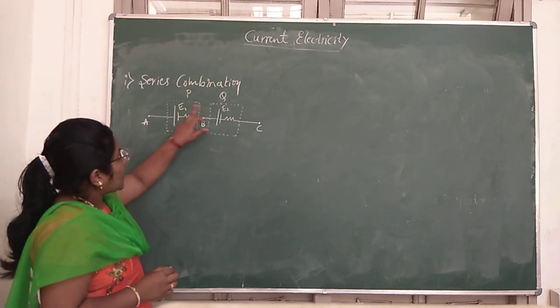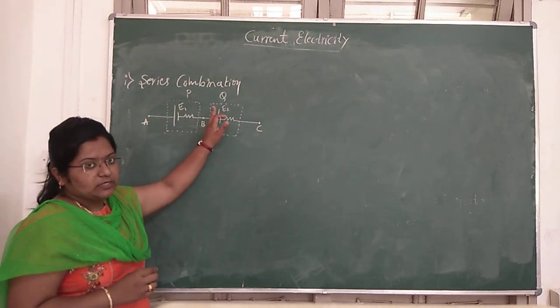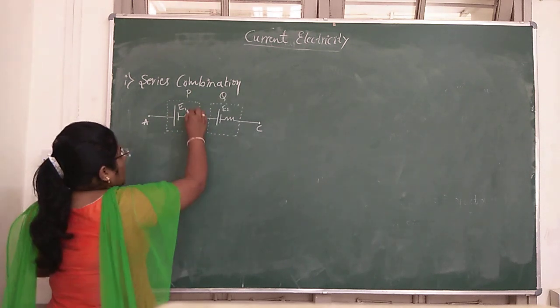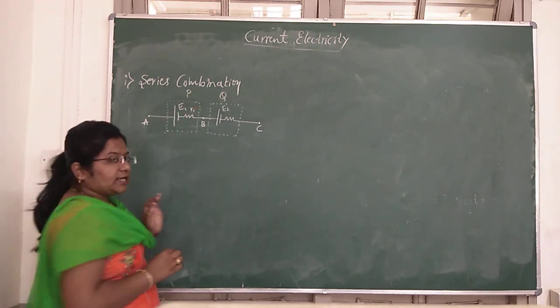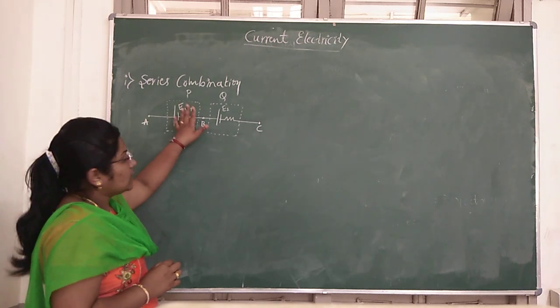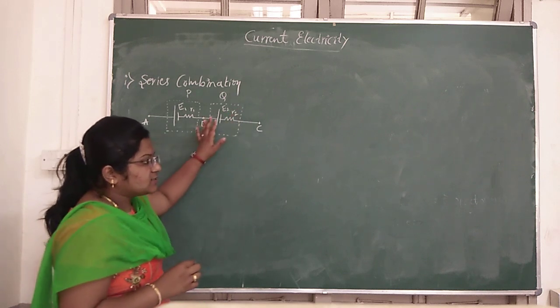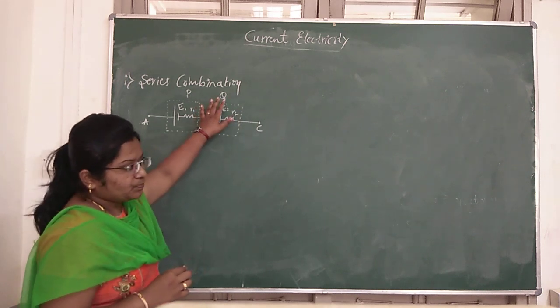So E1 and E2 are the EMFs of the cells P and Q respectively. Next, R1 is the internal resistance of the cell P and R2 is the internal resistance of the cell Q.